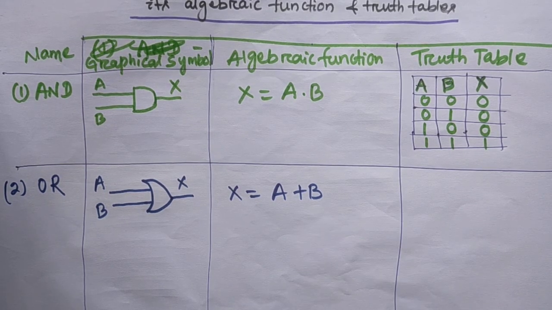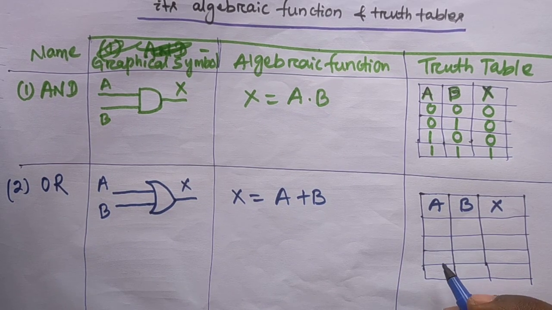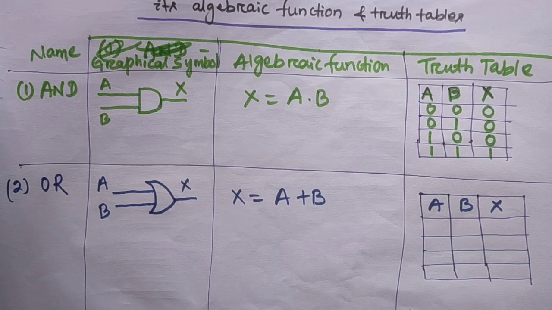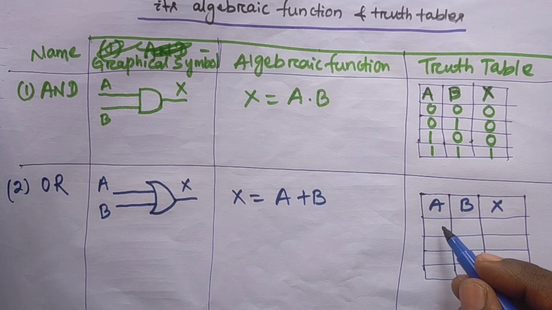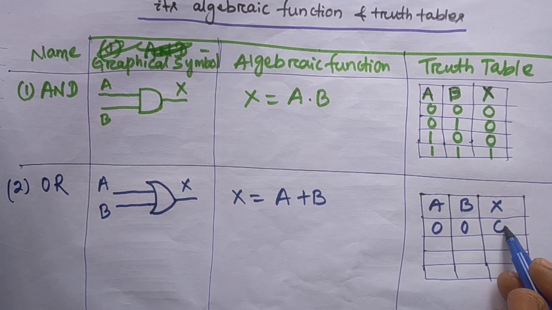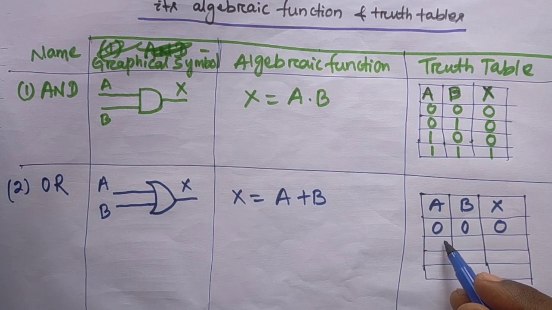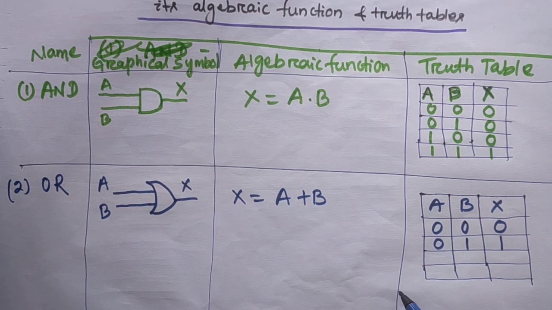So now we see the truth table of this particular OR gate. Similarly we take 0 0, the value is 0. If 0 1, 0 plus 1, the result will be 1.